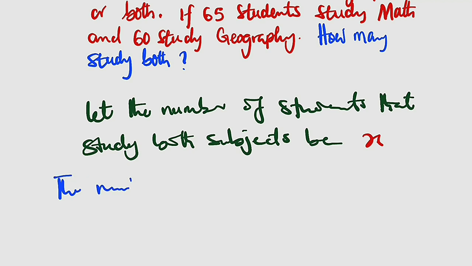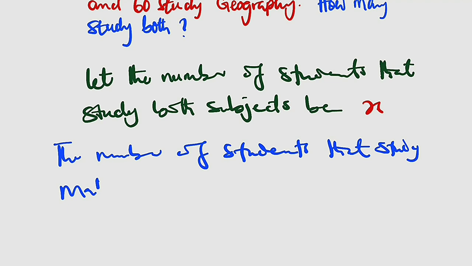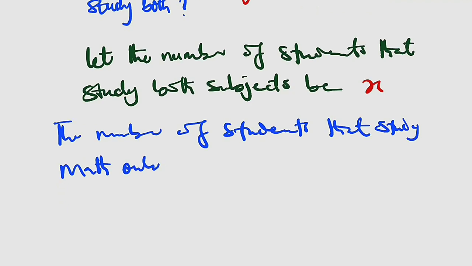The number of students that study mathematics only will be equal to 65 minus x.